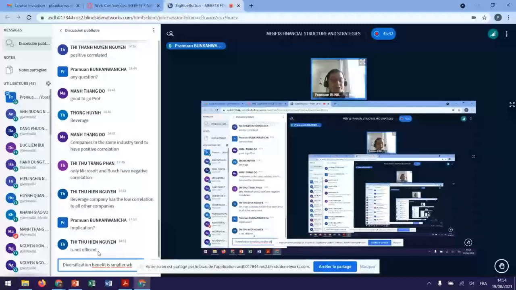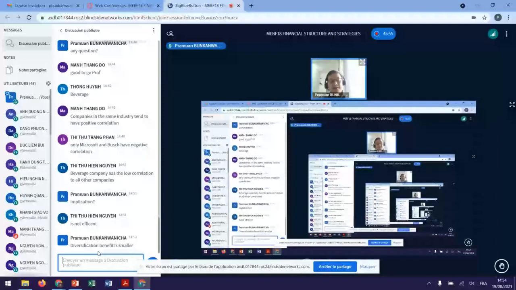You get more diversification benefits when you combine firms from different industries. That's right. Excellent. That is the first observation.